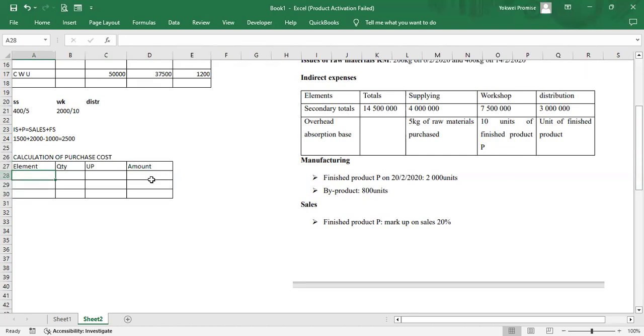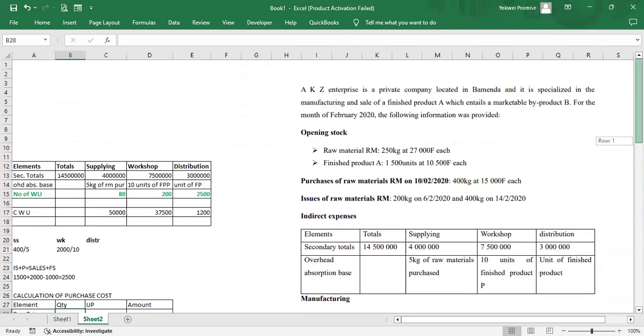Awesome. So the first element of purchase cost is always what? The purchase price. So what is our purchase price? Purchases of raw material. We have 400 kg at 50,000 francs, right?